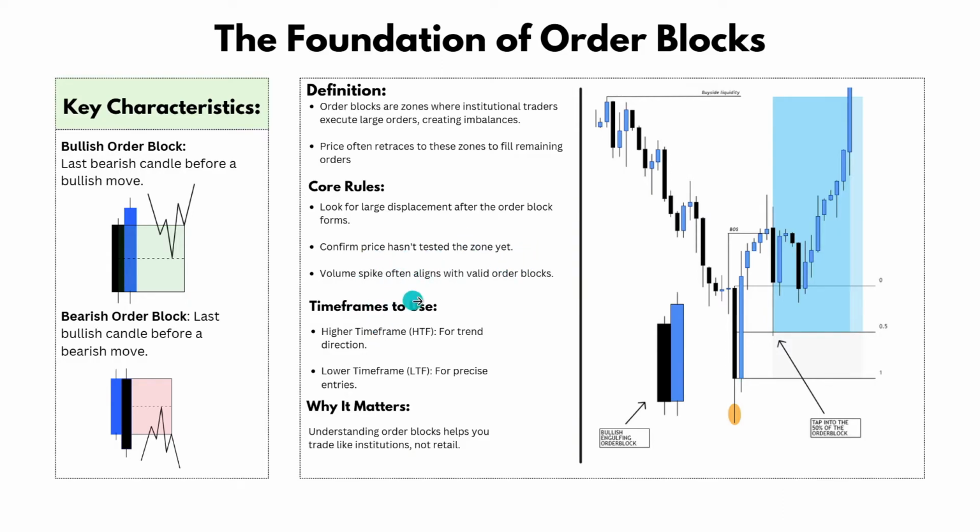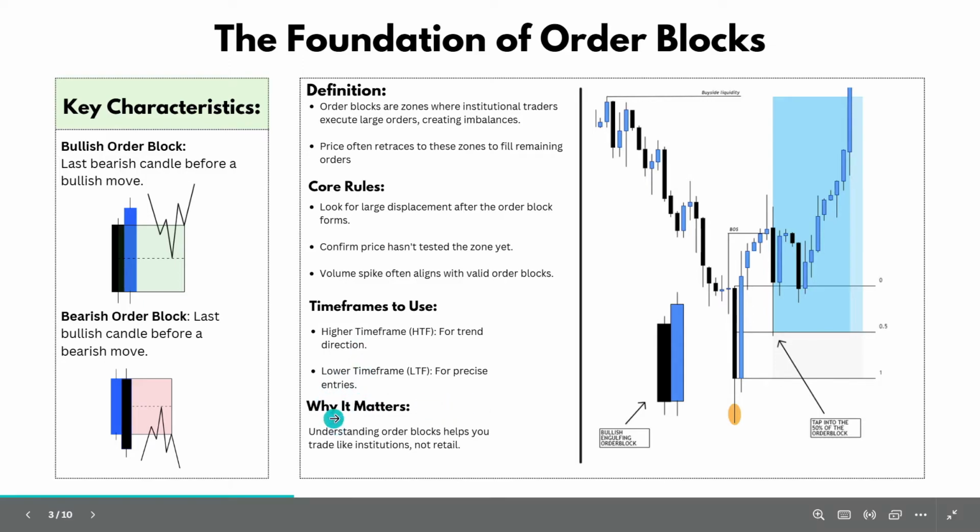The time frame that we usually use is the higher time frames for trend direction, and then we scale down to the lower time frames for precise entries. The reason order blocks matter is because understanding them helps you trade like institutions and not like retail traders.